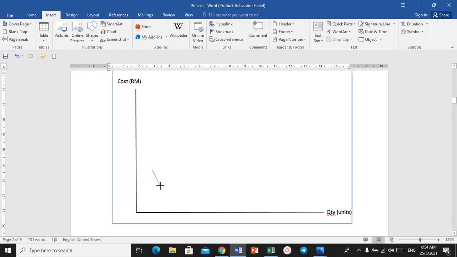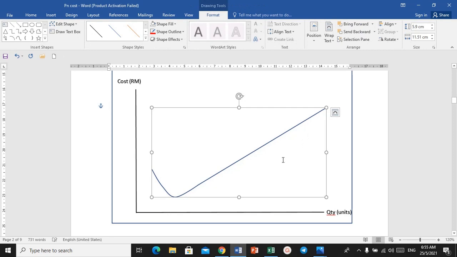I want to have this big tick, which represents the MC curve.